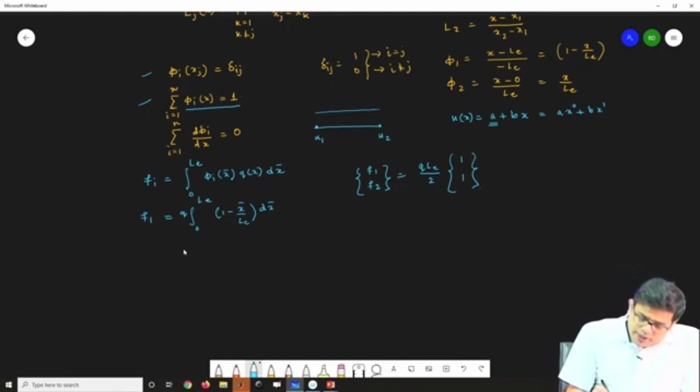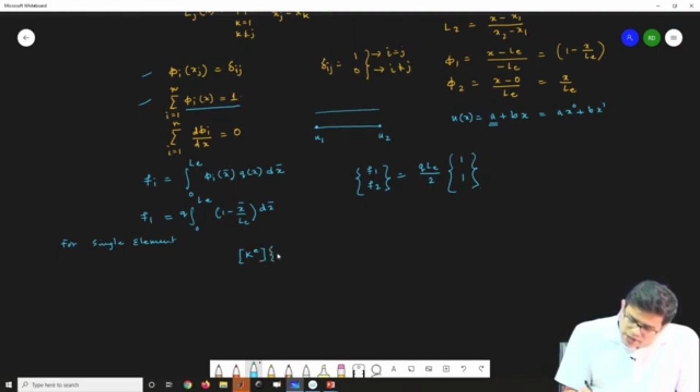Then let us go back again to my finite element solution. Now I will write it in matrix form for a single element. So for a single element, my equilibrium equation becomes: this is my Ke, which we have derived, then this is my u vector ue, and that equals my Fe.